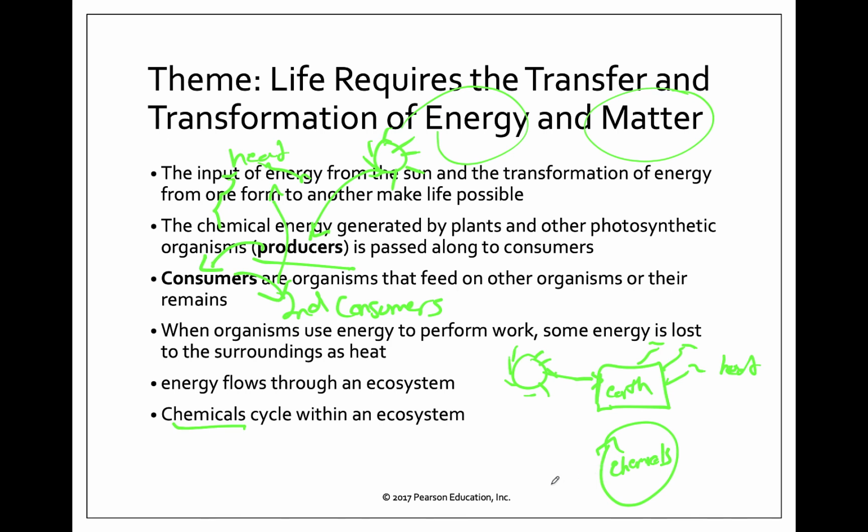So if you think about a plant, it gets its carbon from the carbon dioxide in the air, and then it uses that to build sugars. And then a deer eats those sugars and uses that to build its own muscles. And then a bear eats the deer and uses that to build its own body.